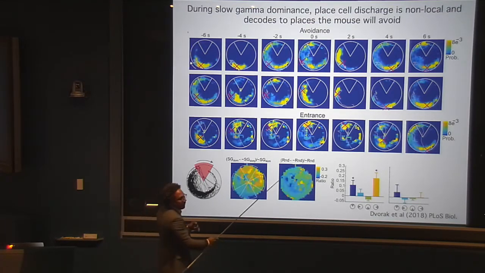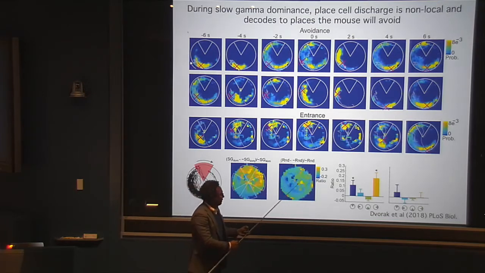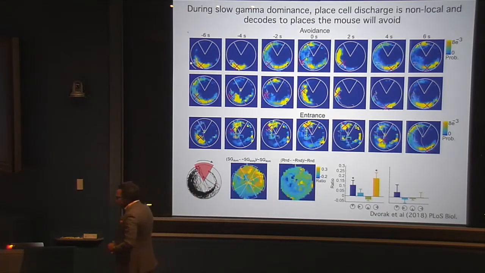And if we pick the same number of random times, this is the picture that you would get. So these slow gamma dominant moments seem to represent not where the animal is, and not randomly some other place, but in particular the place, if you will, that the animal must be recollecting about where it had been shocked, because it's not going to go there.